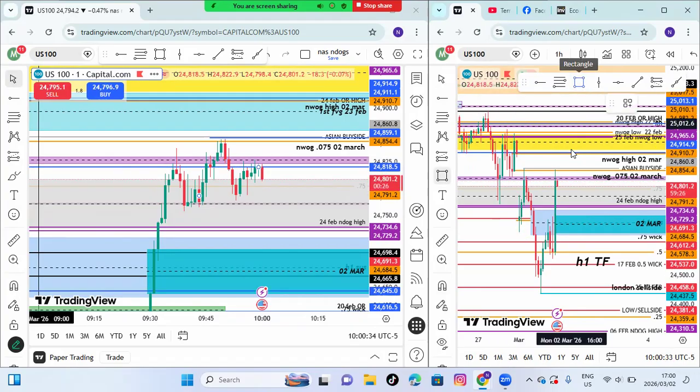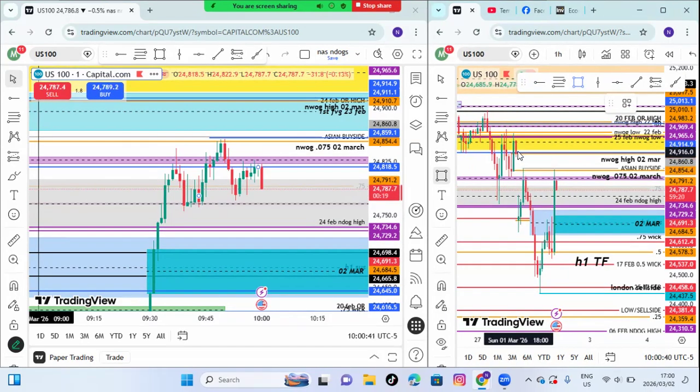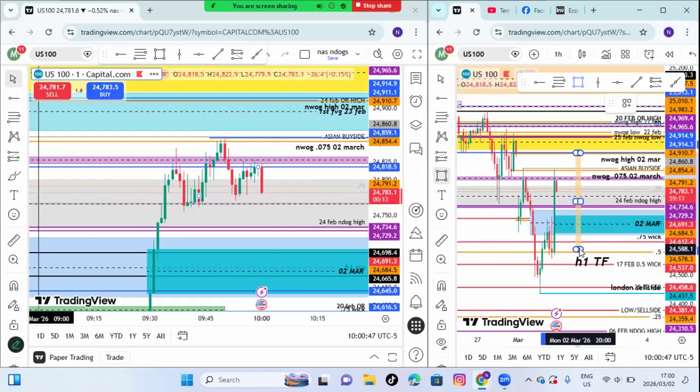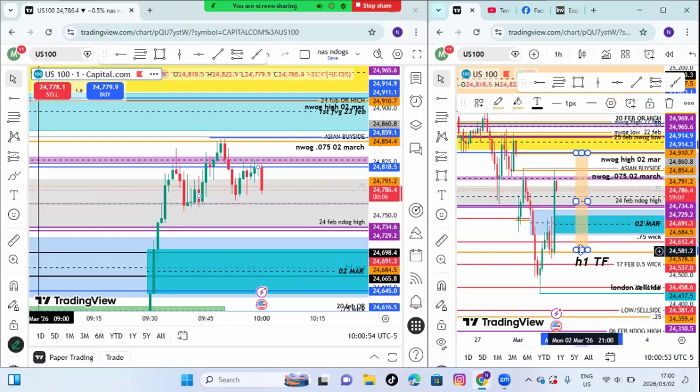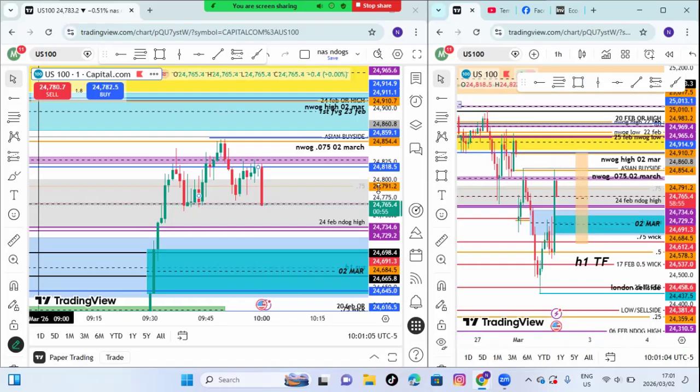And from here to somewhere there, probably put up the regular trading hours opening range gap. There.